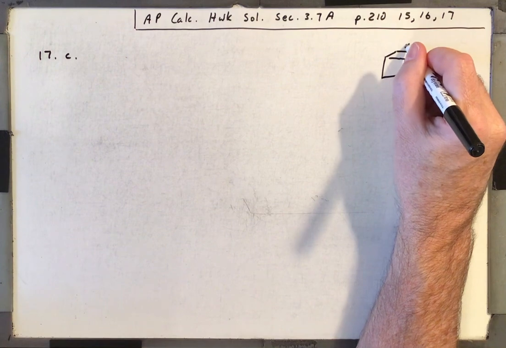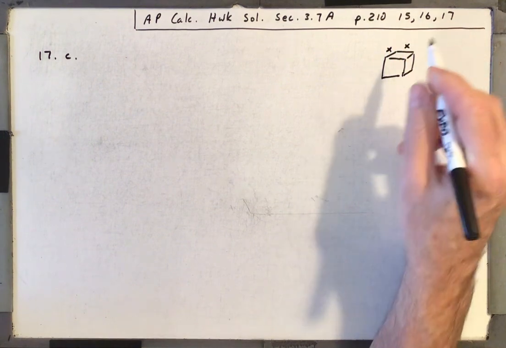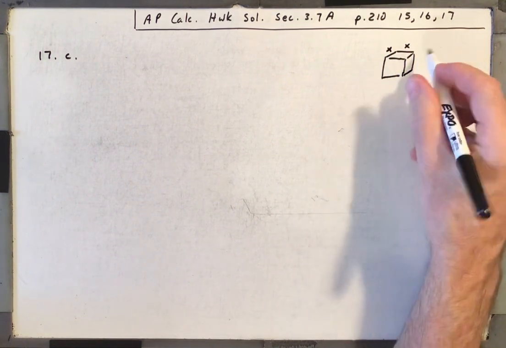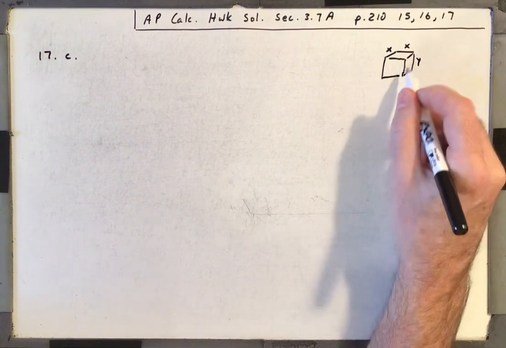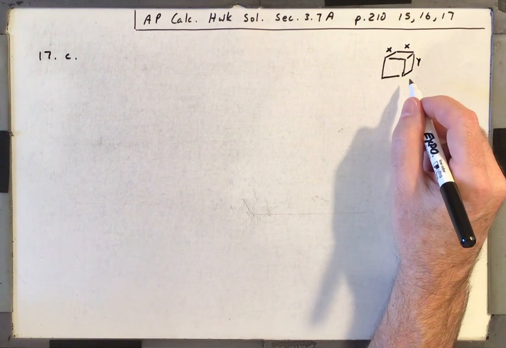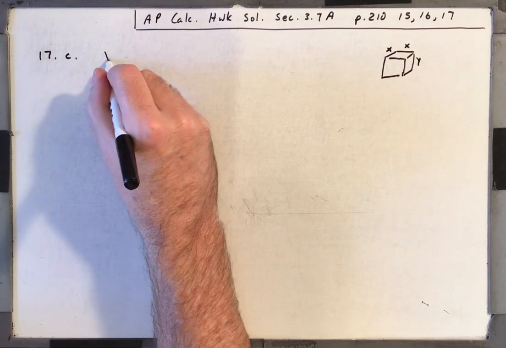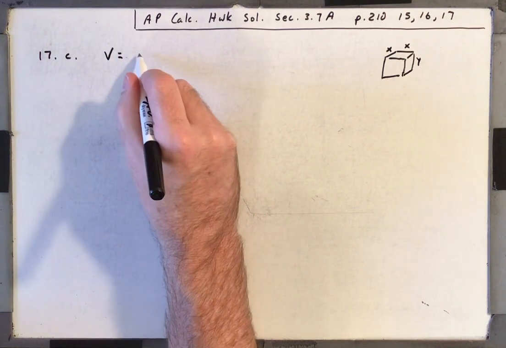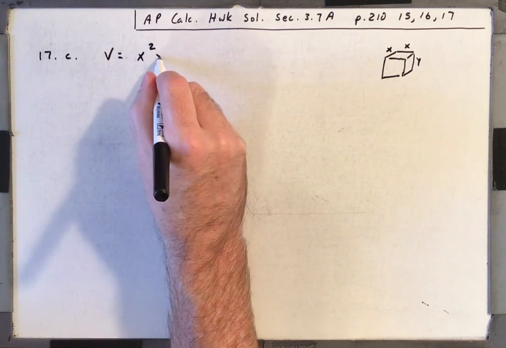The top and the bottom are squares. So I can say x and x. I know those two have the same dimension. But the height I could call y. So the equation for the volume for all of these would be x squared times y.